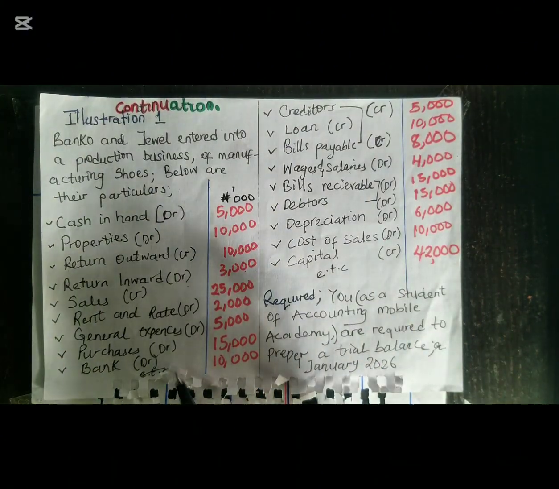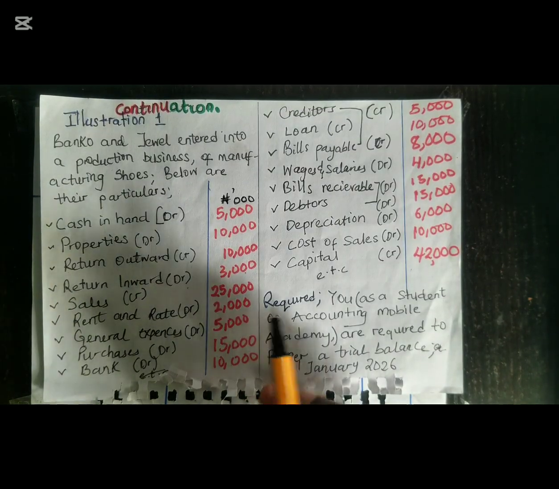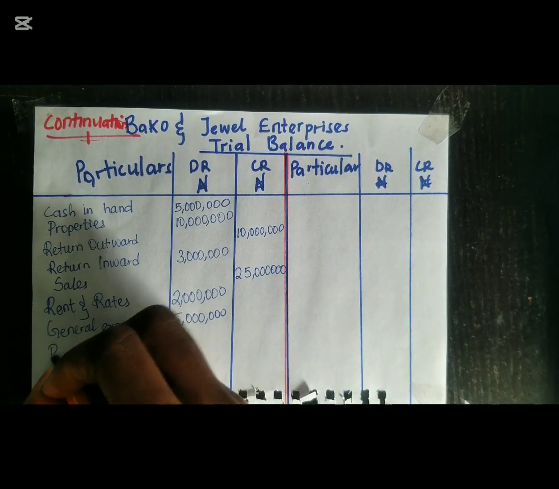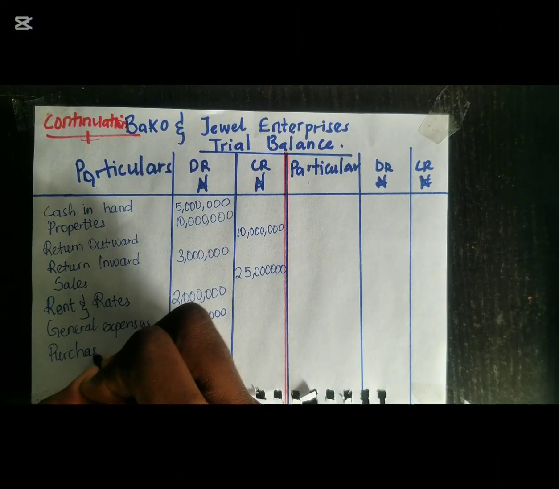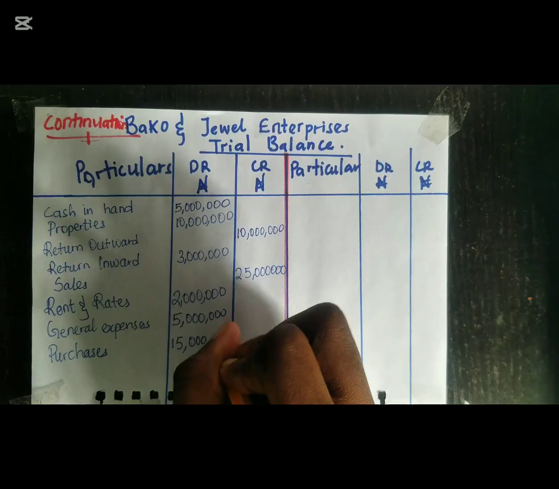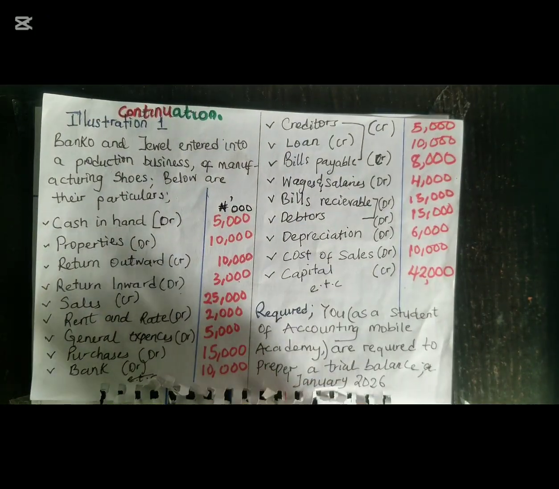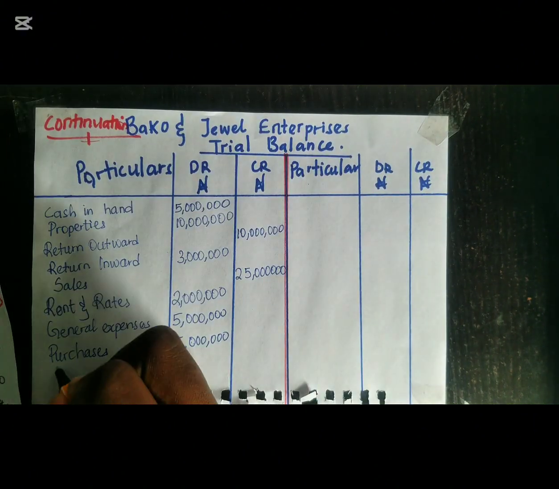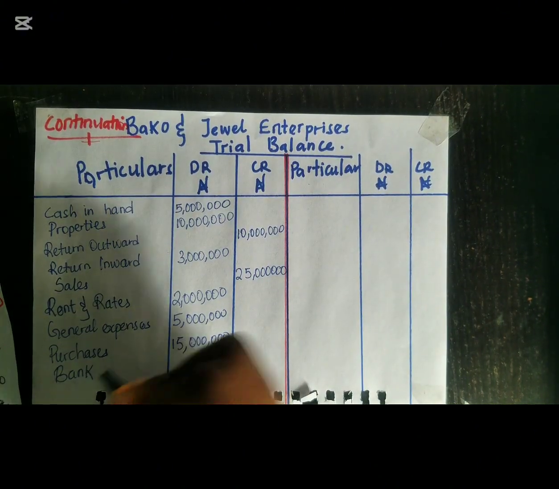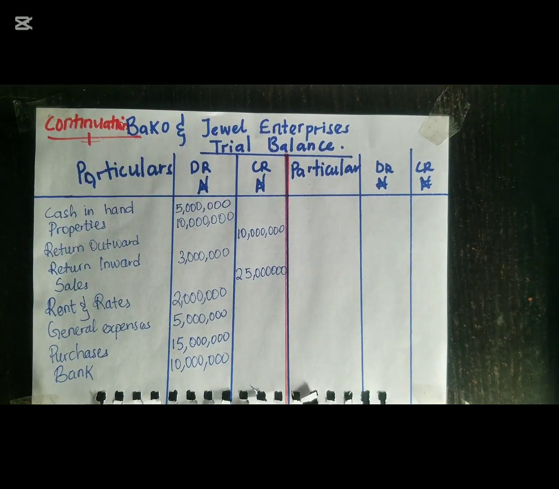It must always have a debit balance, so we're going to write 50 million naira on the debit side. So write purchases, 15 million naira. Then bank is just like cash, it's an asset, so it's going to be debited with 10 million naira. So we're going to write bank, 10 million naira.